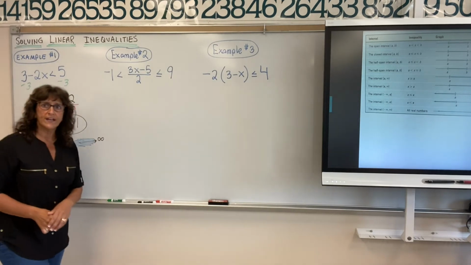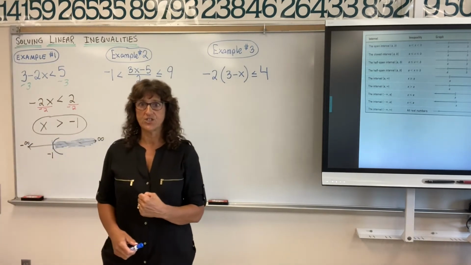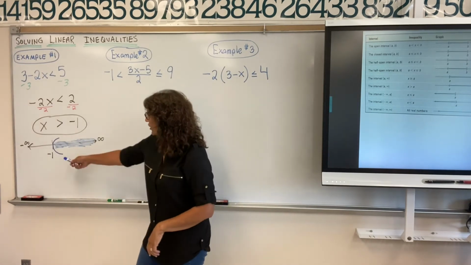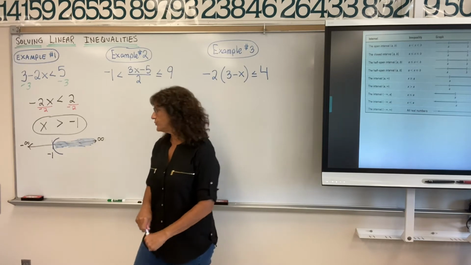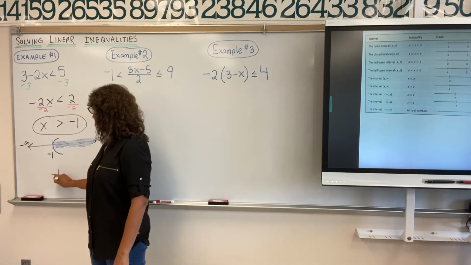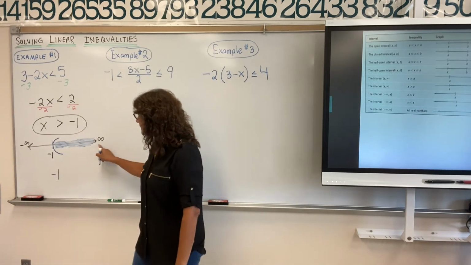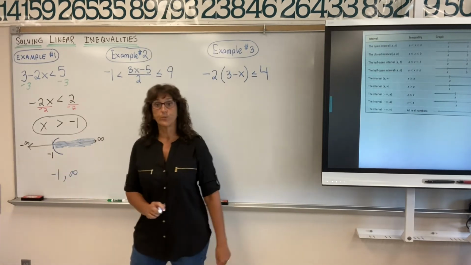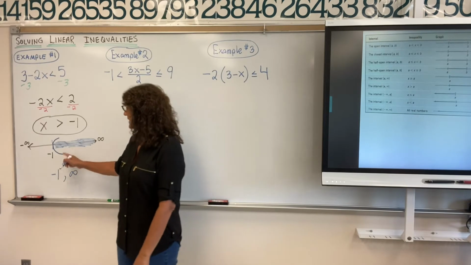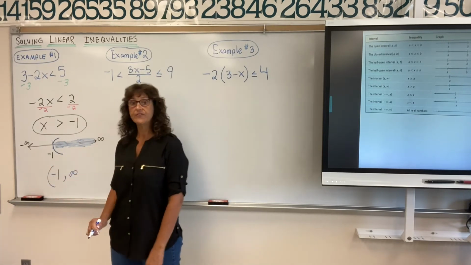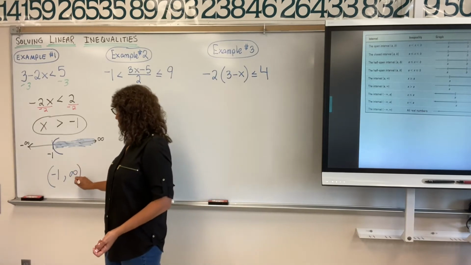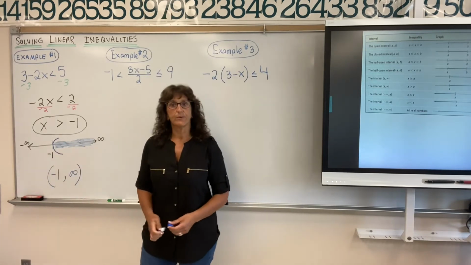Here's what your graph looks like. Now, how do we write our answer in interval notation? Well, once you have the graph, you can just read it off the graph. Where did we shade? We shaded from -1 to infinity, so -1, comma, infinity, that's where we shaded. We're not including -1, so parenthesis, and infinity is not a number, it's a condition, so we never include infinity, so parenthesis around the infinity.